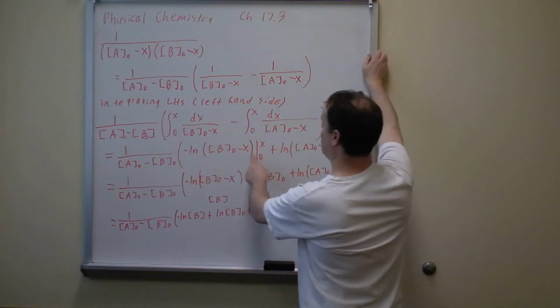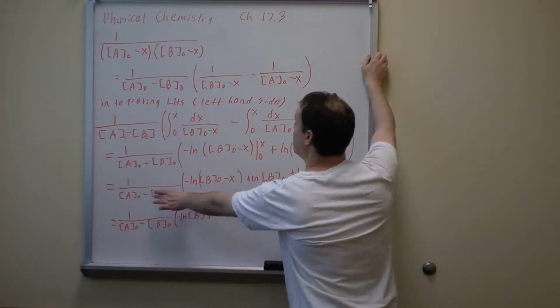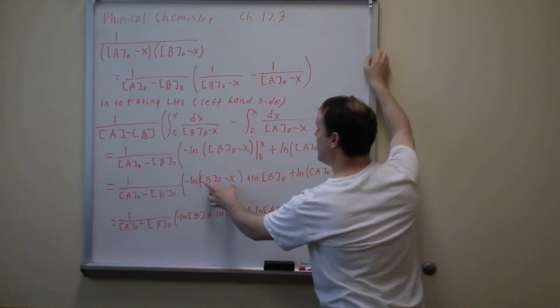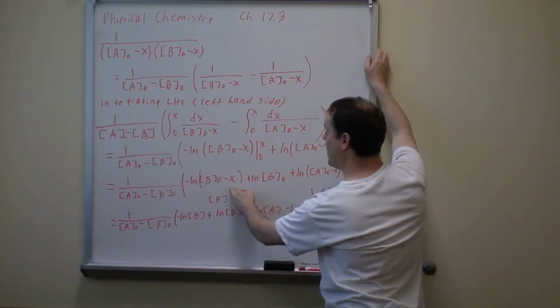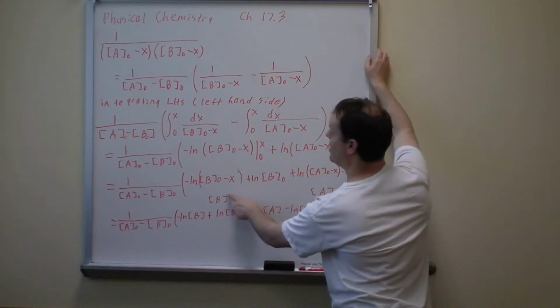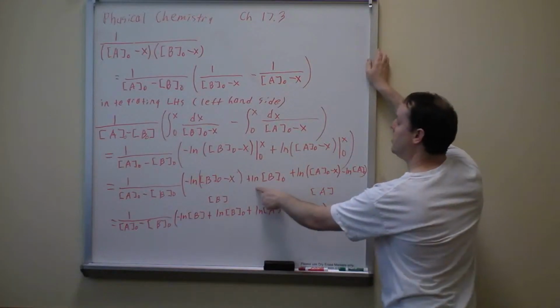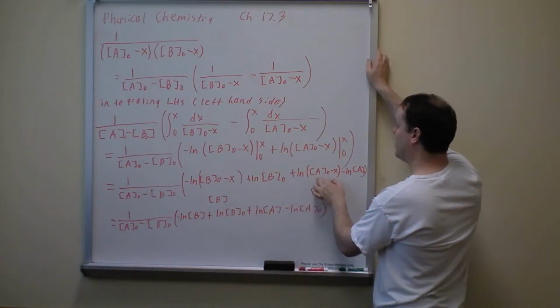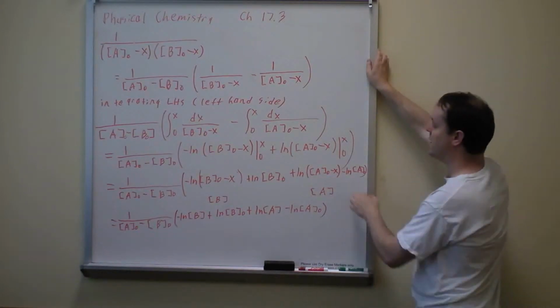So simply evaluating that, I'll leave this constant the same, it's not changing. So minus the natural log of the initial concentration of B minus x. And this quantity here, remember, we showed at the previous slide, this is our concentration of B. Plus the natural log of the initial concentration of B. Plus the natural log of the initial concentration of A minus x.